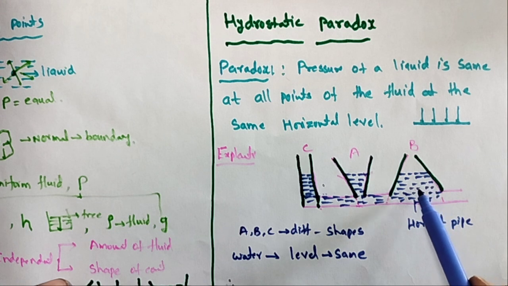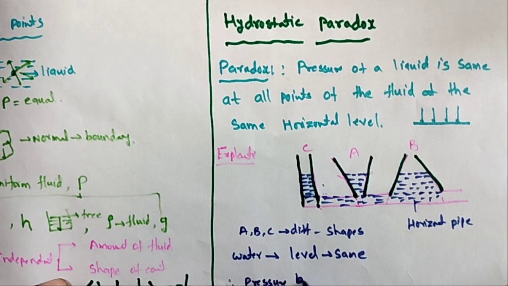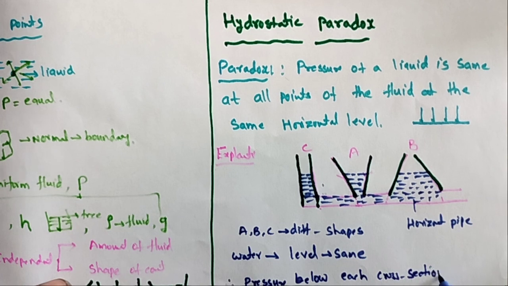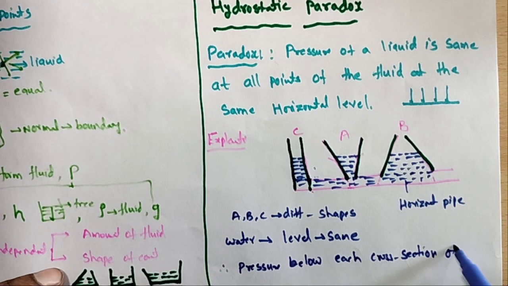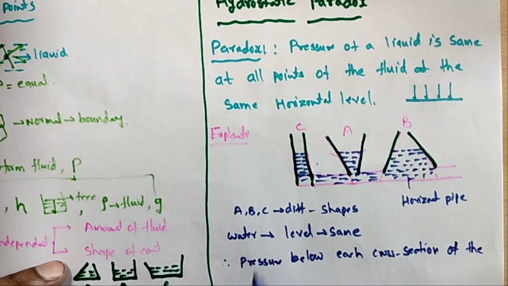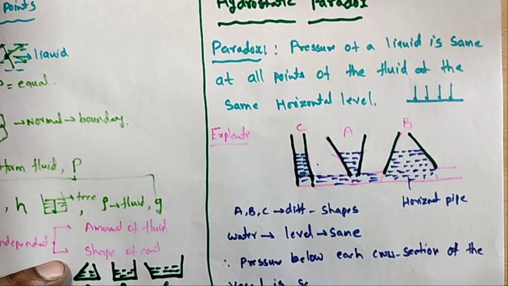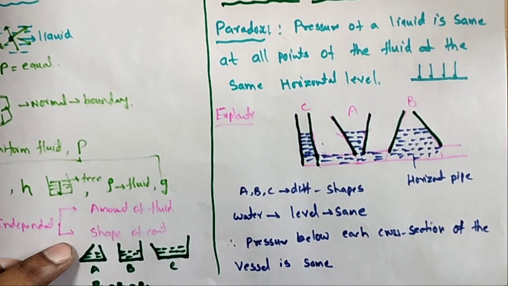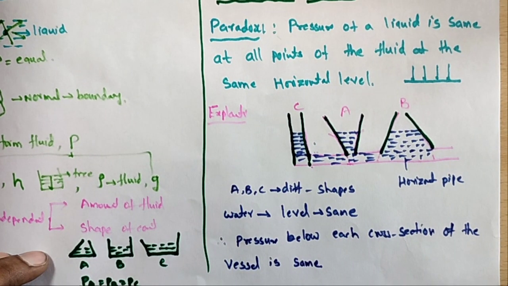What is the reason? It is due to the fact that the pressure below each cross section of the vessel is the same. This is called the hydrostatic paradox.